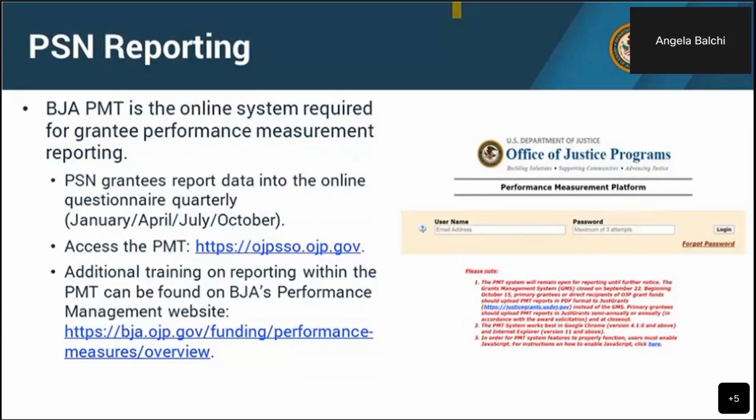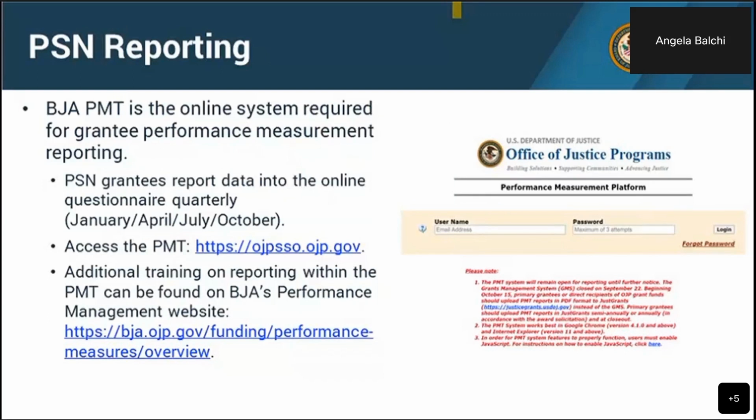The Performance Measurement Tool is the online legacy reporting system for BJA and other OJP components. All performance reporting will eventually move to the Justice Grants or Just Grant system. However, PSN grantees still report in the PMT until further notice. PSN grantees are responsible for reporting grant activity into the PMT quarterly in January, April, July, and October.